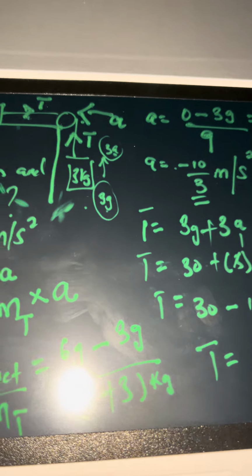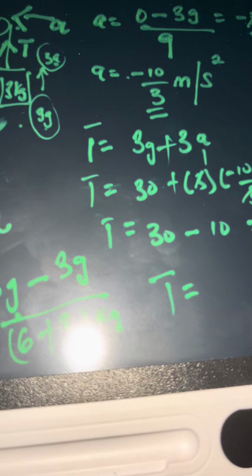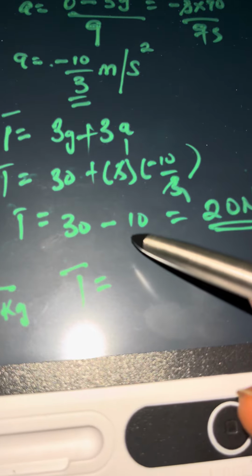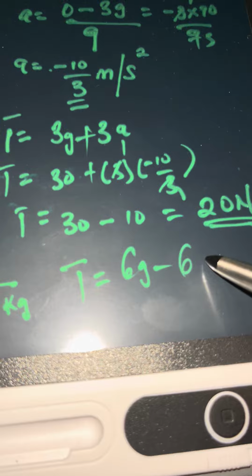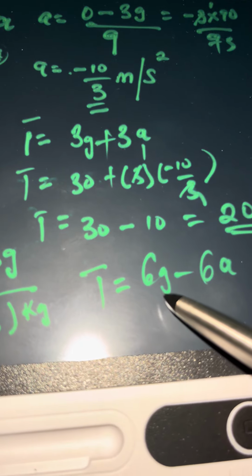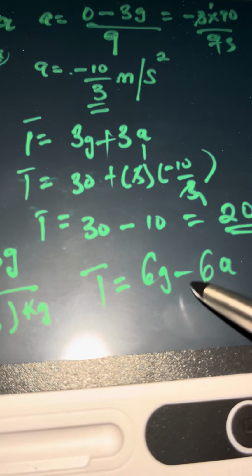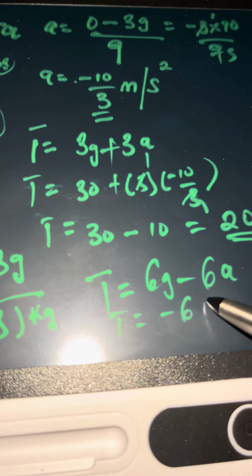So you have 6g minus 6a. But I told you that g is 0, so since g is 0, you have T equals minus 6a.